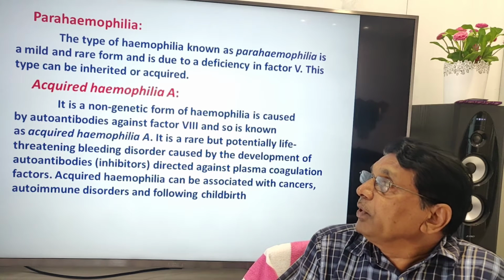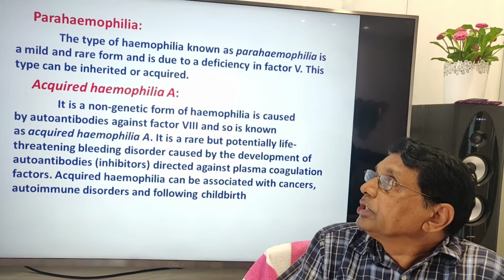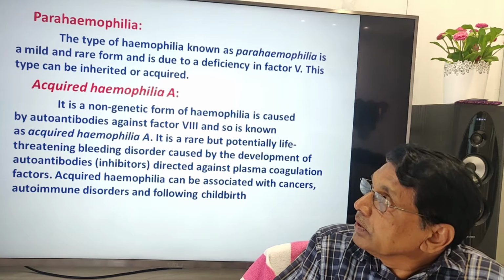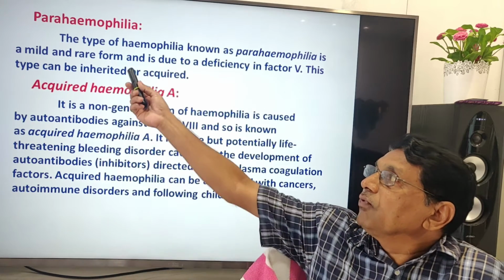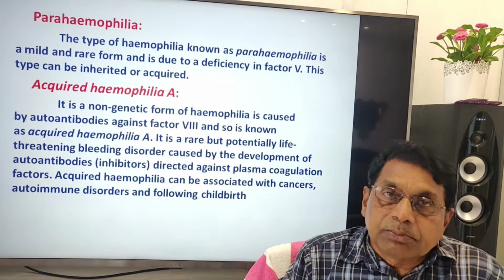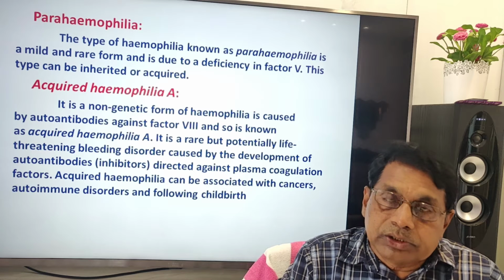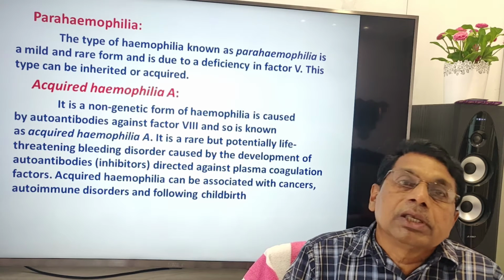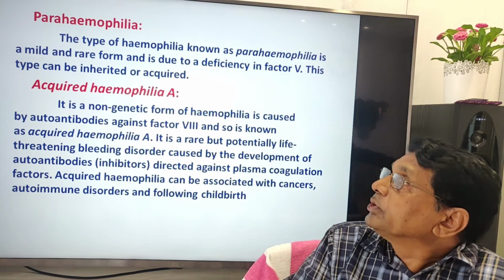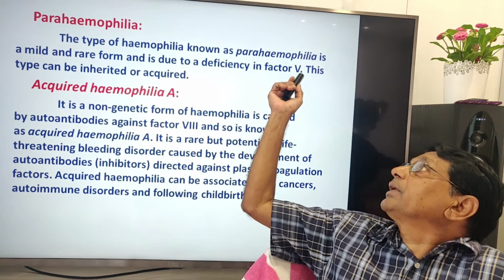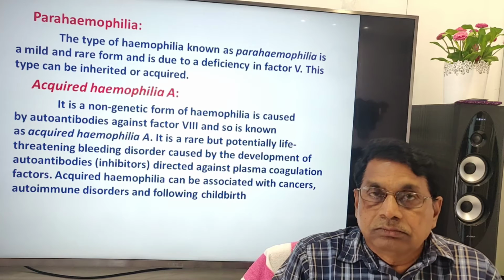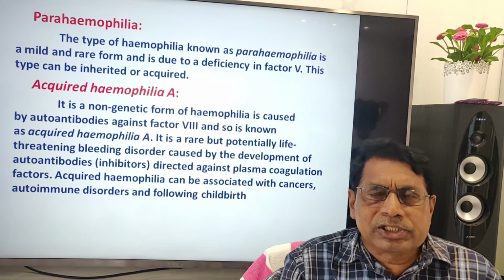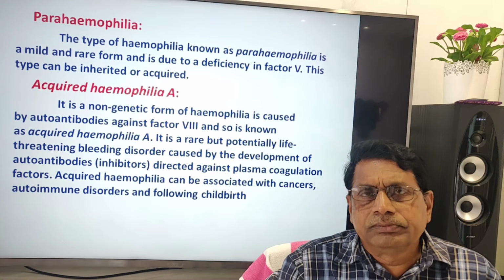Then Parahaemophilia. This type of haemophilia is a mild and rare form, sometimes not identified. The patient is not identified, though he suffers from this type of haemophilia, which is due to deficiency of factor V. Several factors are involved in successful clotting of the blood.